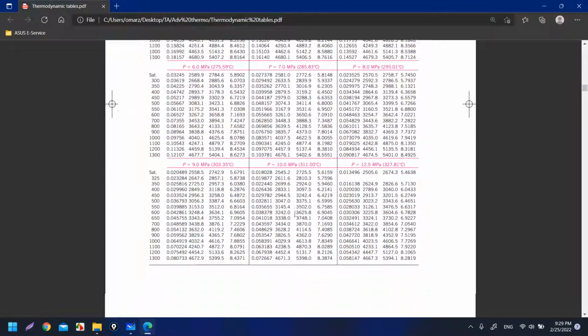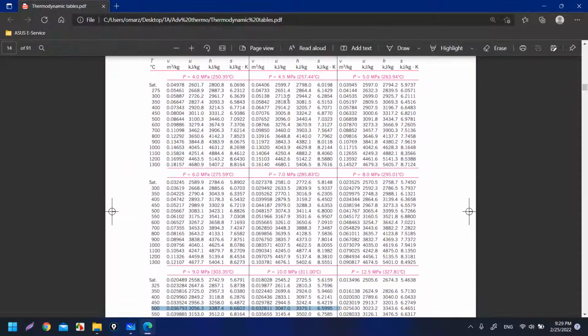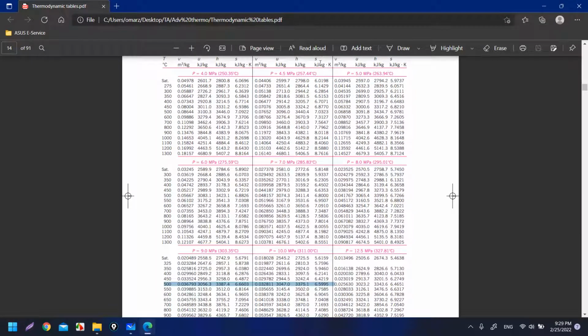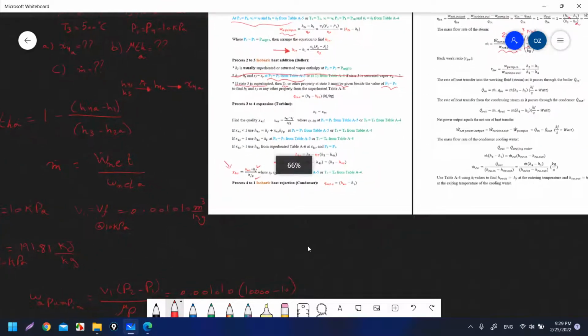Okay, so 10 megapascal with 500 degrees Celsius. What do I want to find? Usually for the turbine we find S and H, right? Why S? Okay, this is an actual cycle. Why are you finding S? S will equal S4 if it is only isentropic.